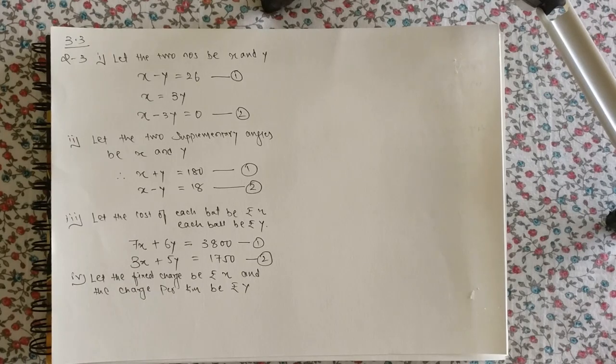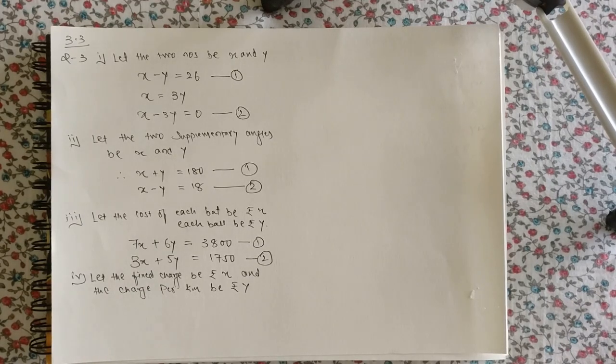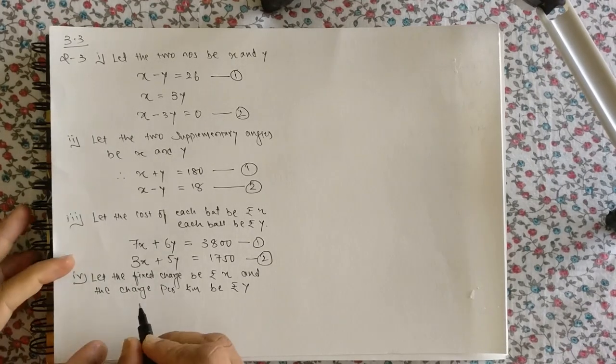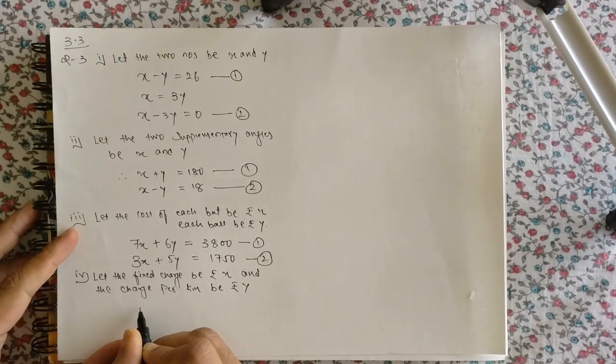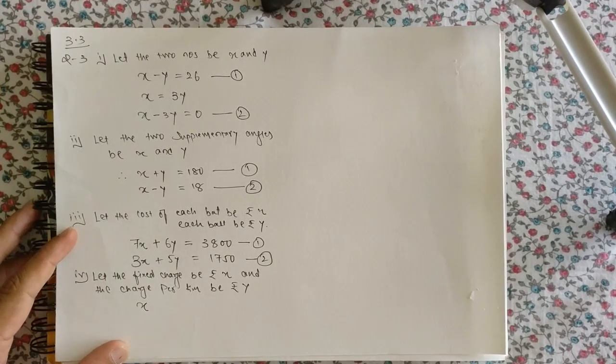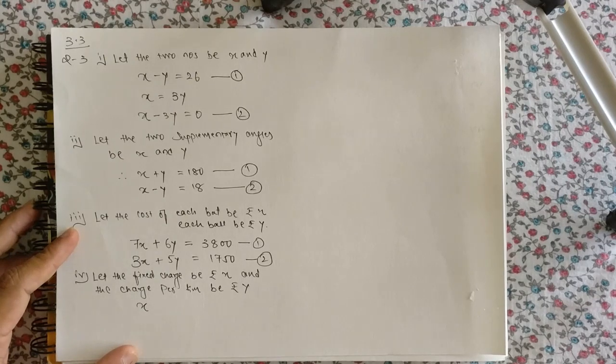You understand? Yes. So now we'll read the question again. For a distance of 10 kilometers, the charge paid is rupees 105. Okay. So see, first situation, you are paying rupees x because that's the fixed charge, and you are traveling 10 kilometers.